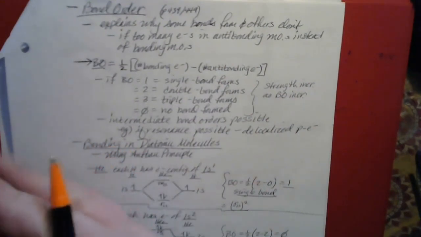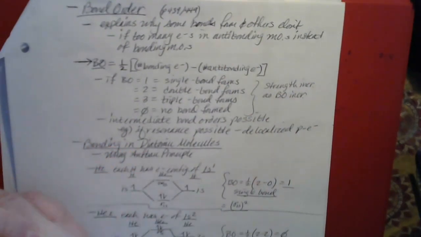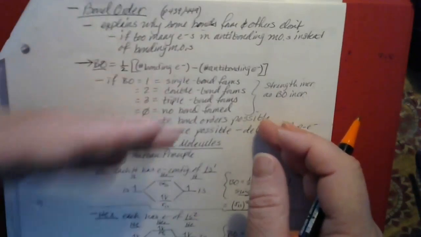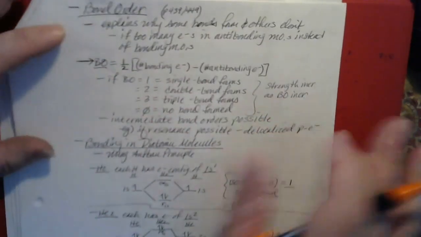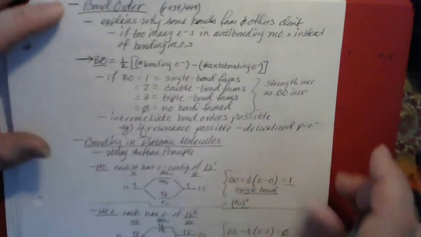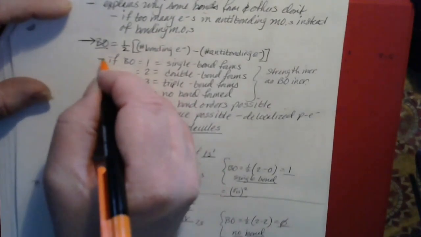You normally won't encounter any situations where you have more anti-bonding electrons than bonding electrons, because that would require the atom to be in an excited state. In other words, there are electrons in higher energy positions than they should really be in, with vacancies in lower energy positions. And that, again, is an excited state. And we don't normally deal with those when we're dealing with bond order.